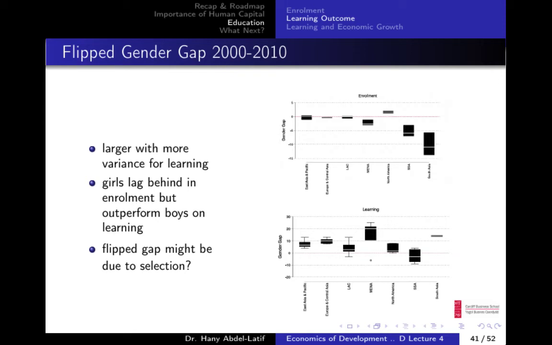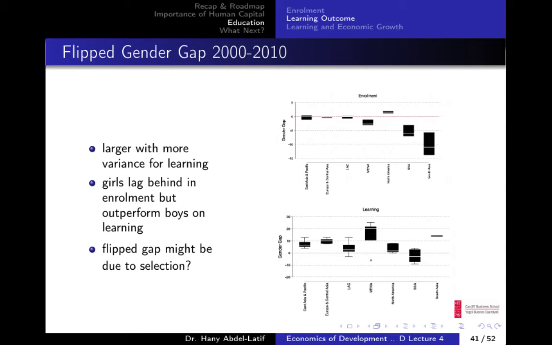The interesting thing here is what they call the flipped gender gap. This data is from 2010, but the index itself is from 2017. At the top we have enrollment, the gap between female and male, or girls and boys, and this is in terms of learning.